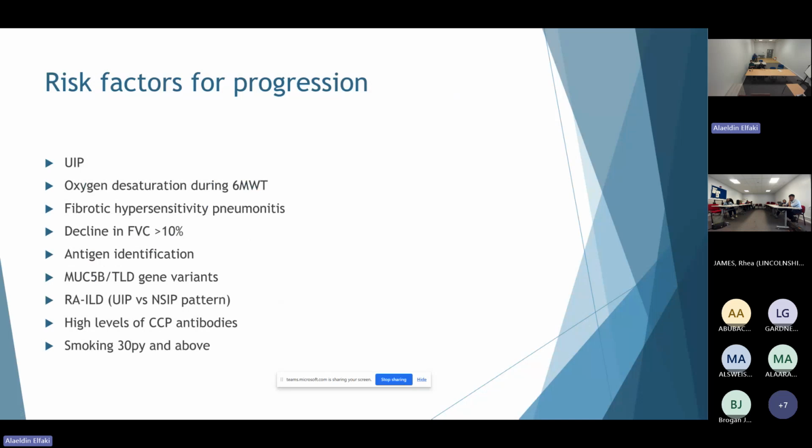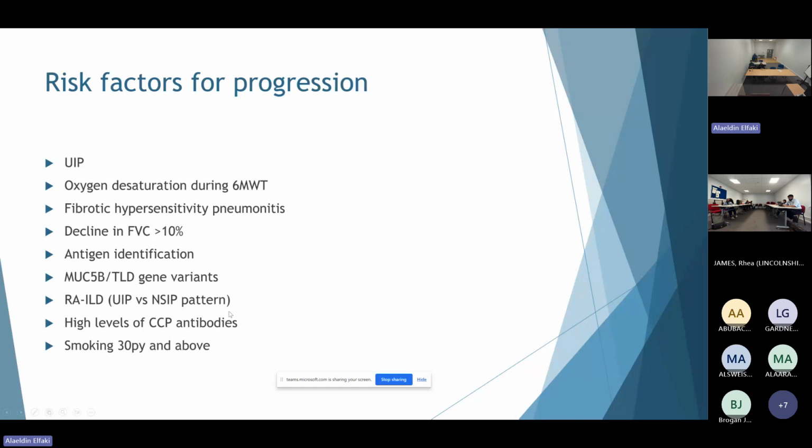Those patients might progress quickly. Fibrotic hypersensitivity pneumonitis as well, or any patient with a decline in FVC, which is a real progression.